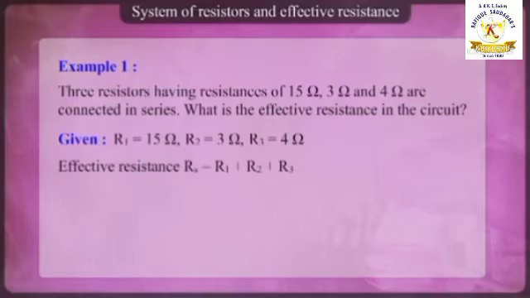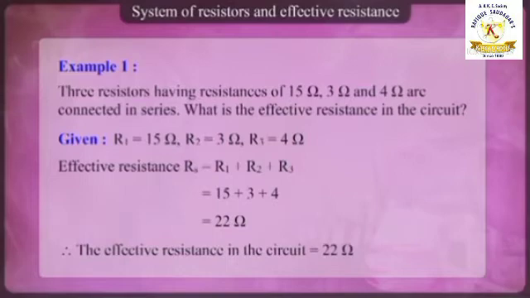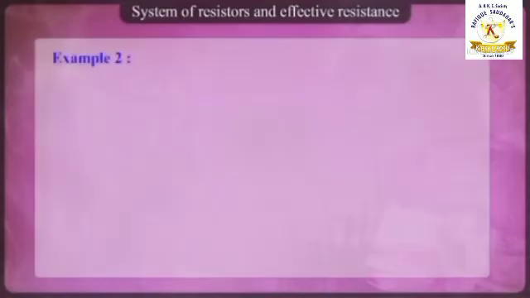So, effective resistance Rs is equal to R1 plus R2 plus R3, that is 15 plus 3 plus 4. The answer comes as 22 ohms. Therefore, the effective resistance in the circuit is 22 ohms.